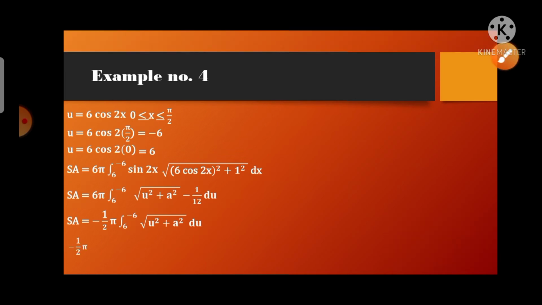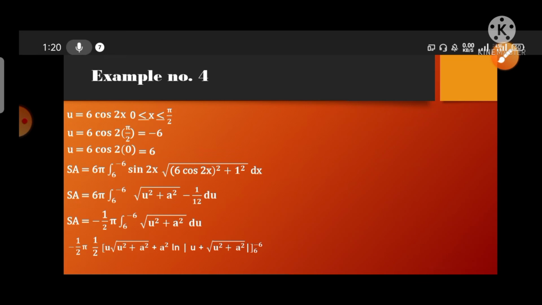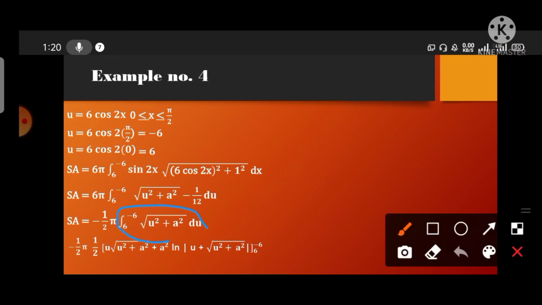Then we get negative 1 half pi times 1 half. So our formula that we use, 1 half times u. Remember the formula? So we substitute this value into this formula.